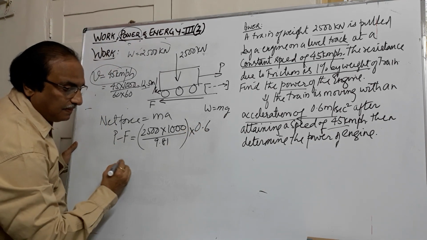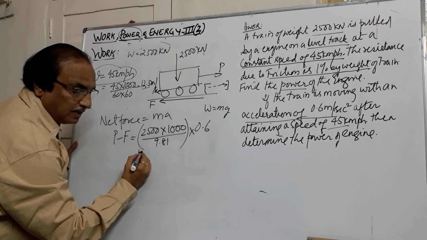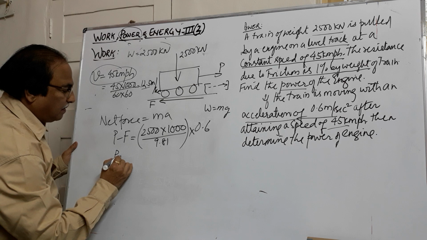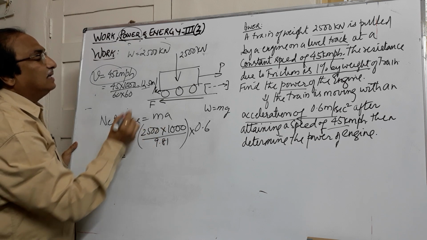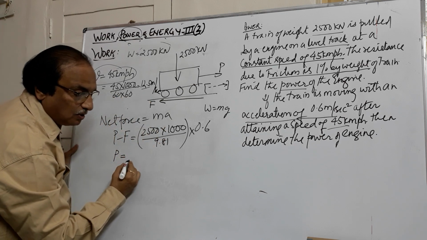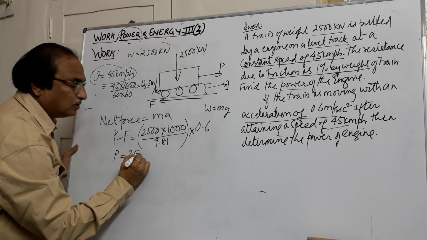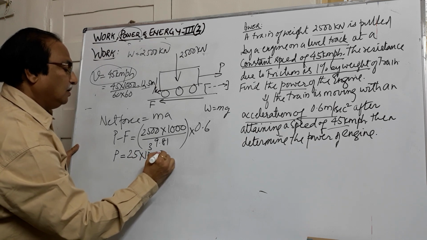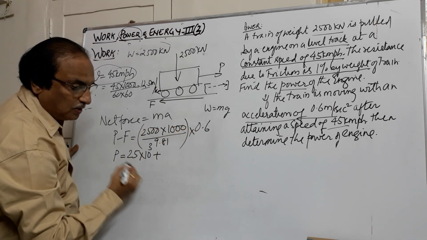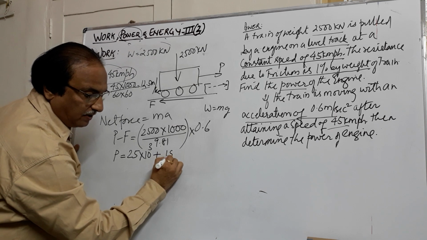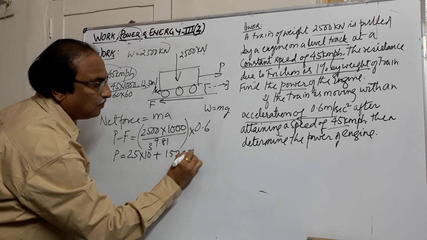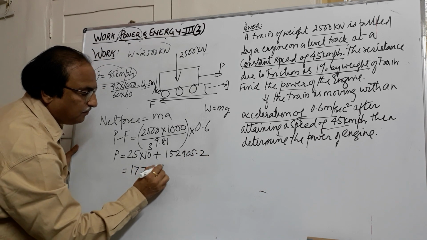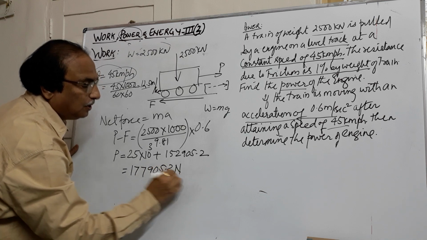So if you multiply this, you get the power will be, I'll take this F to the right hand side, and we have got the value of F is equal to 25 kilonewton. Let us convert it into Newton plus this value. If you simplify, you get this value is equal to 152,905.2. If you add the both values, you get 177,905.2 newtons.